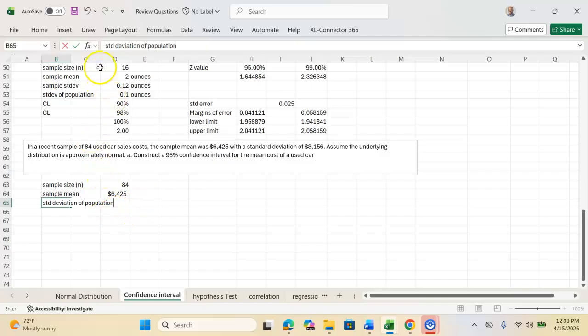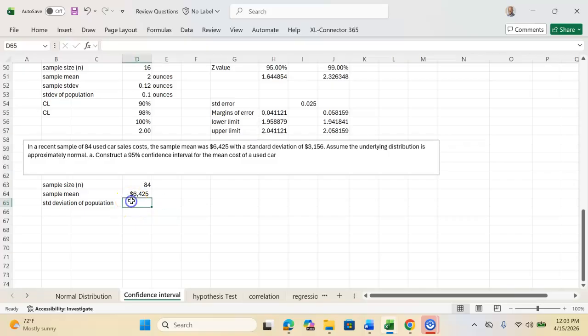And so that is 3,156. And assume the underlying distribution is approximately normal. And so we have a confidence level, which is 95%.